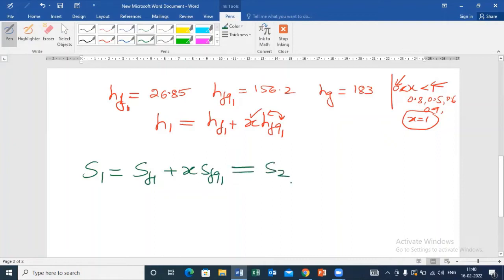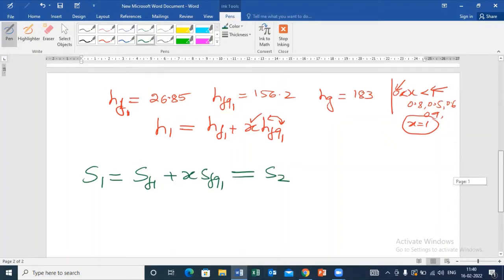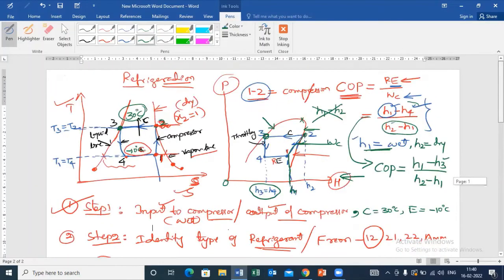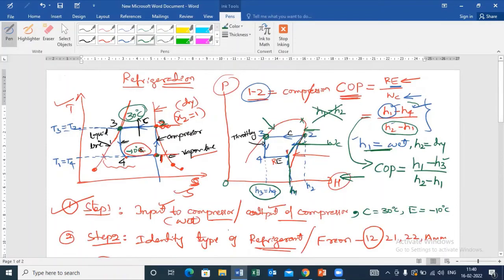Why, sir, are you writing this equation? Please look at the screen now. In the TS diagram, point number 1 and point number 2 are on a vertical line. If you draw values at entropy, S1 is equal to S2, because 1 to 2 is an isentropic compression process. For an isentropic compression process, entropy is constant.